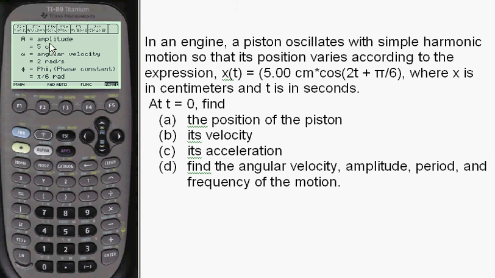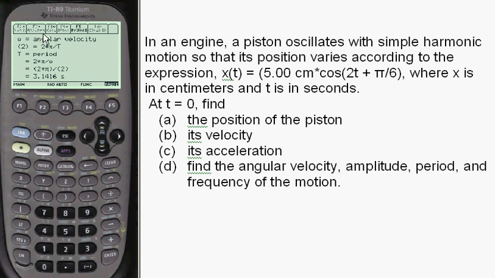Well, from the original function, 5 is the amplitude, 2 is the omega, and pi over 6 is the phi. So I gave that to you here, separated from the function.